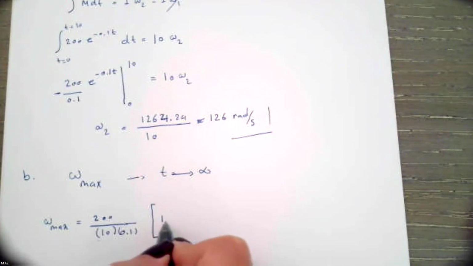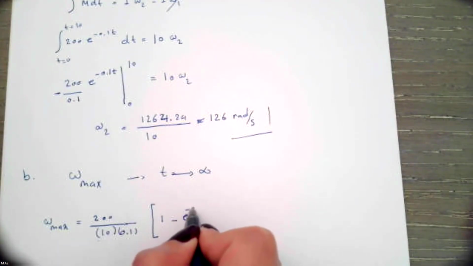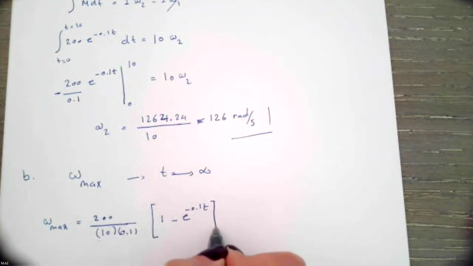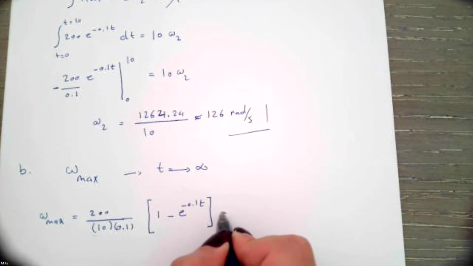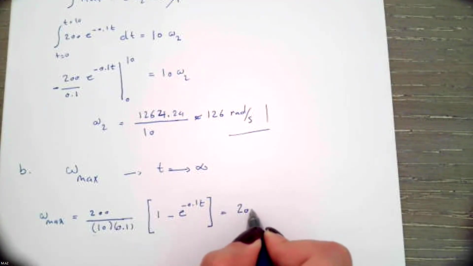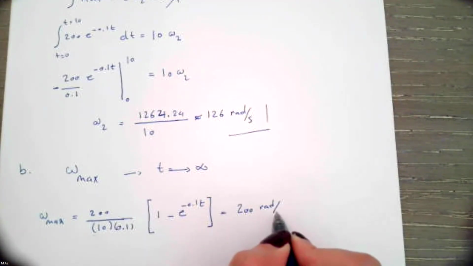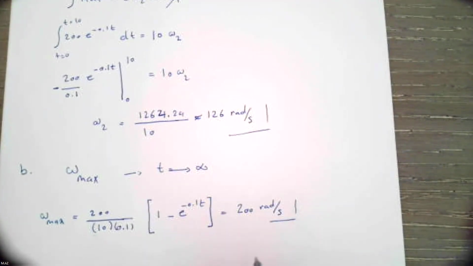Now we have 1 minus e to the power of minus the exponent, and the answer is 200. Once the time approaches infinity, we can find the maximum value of the angular velocity, and it's 200 radian per second.